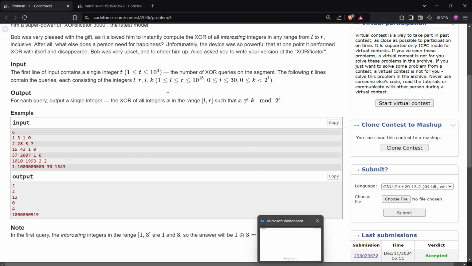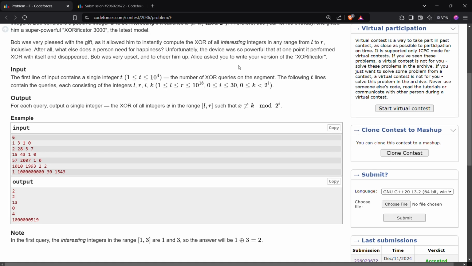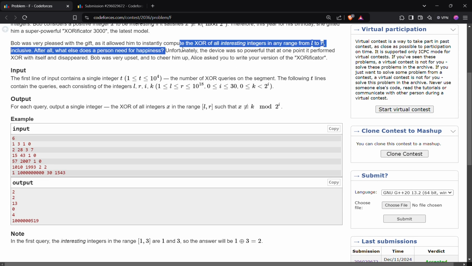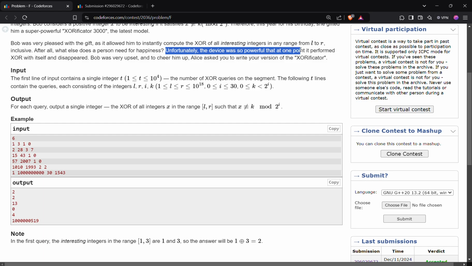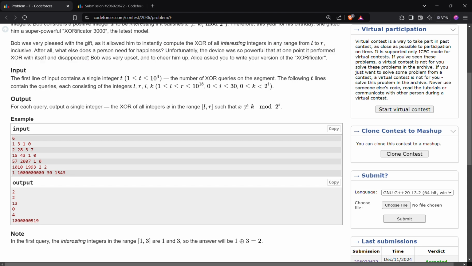When we look at the constraints, let's take a look at a possible solution. As given in the question as well, there is a hint: unfortunately the device was so powerful that at one point it performed XOR with itself and disappeared.